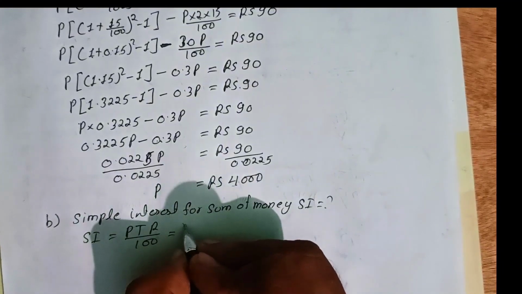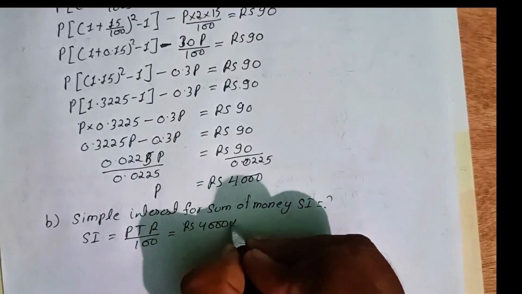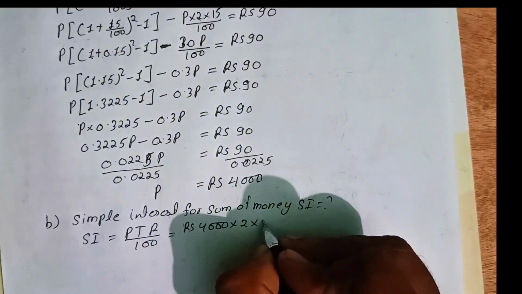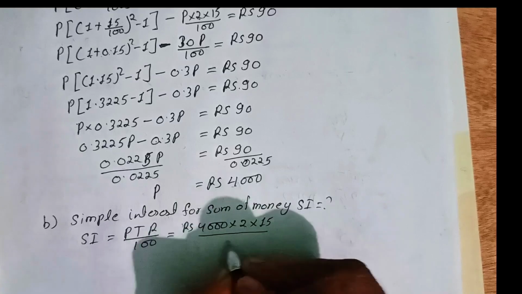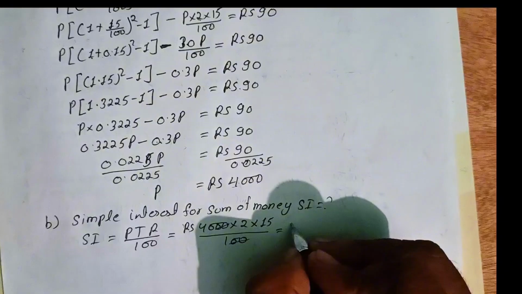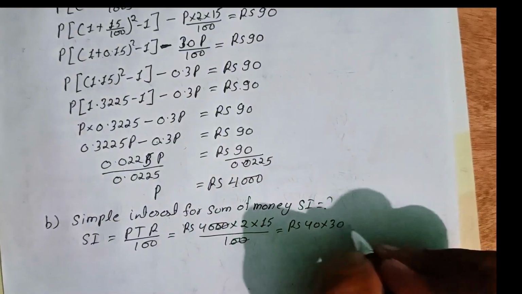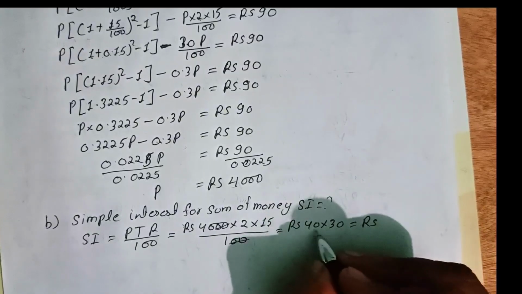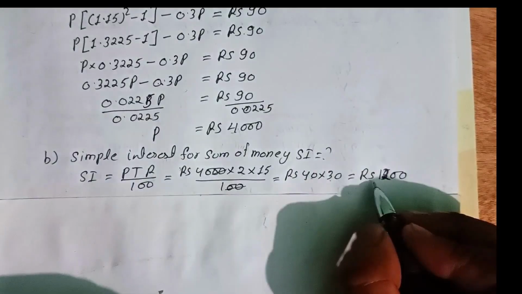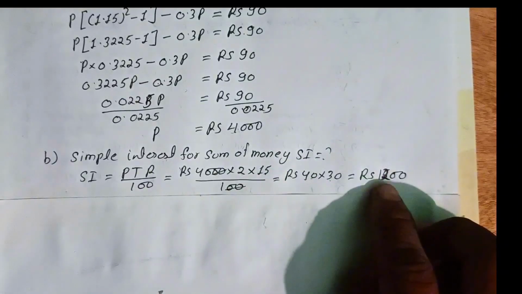The principal is Rs 4000 times 2, the time T is 2 years, and the rate is 15 upon 100. The 20 is cancelled, so here remains 40 into 2 times 15, and finally the simple interest is 4 times 3, which becomes 1200. Simple interest for the sum of money for 2 years at 15% becomes Rs 1200.